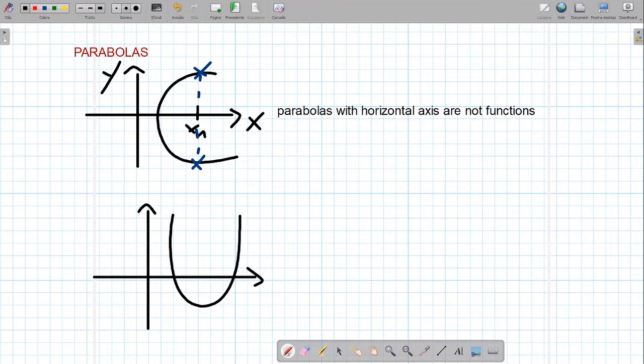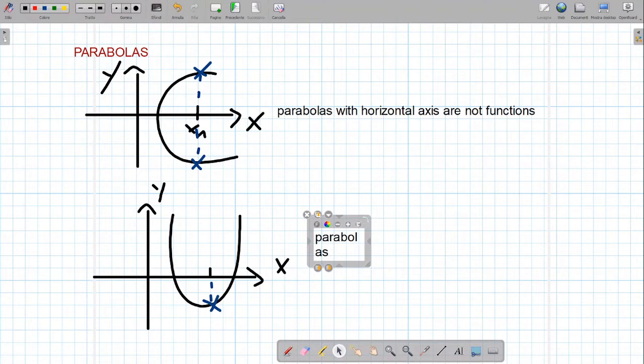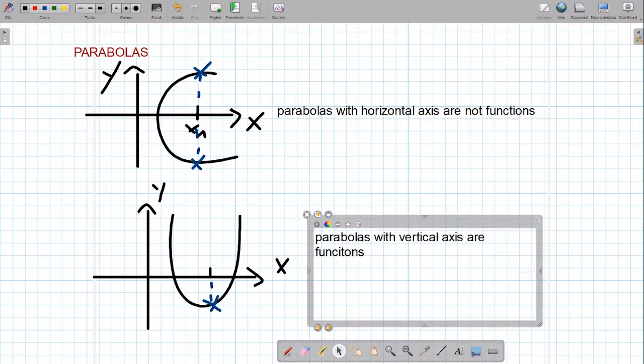For example, here, there will be only one y in correspondence of that. Okay, so we will just consider the parables which have vertical axis.